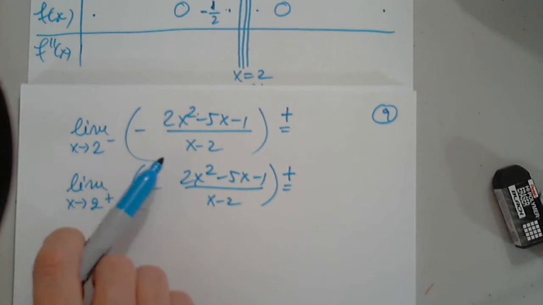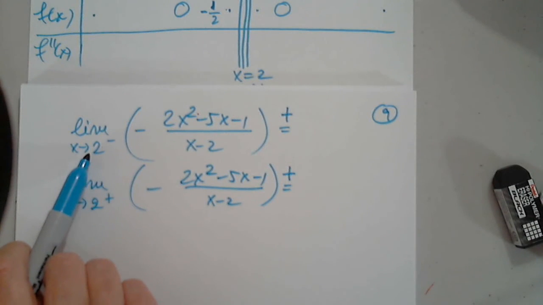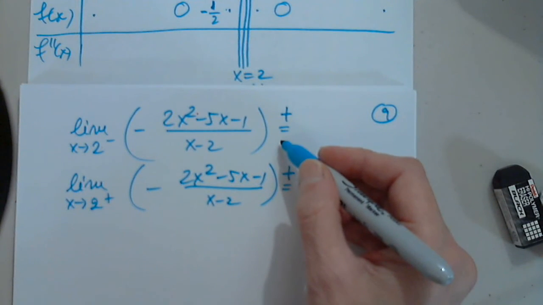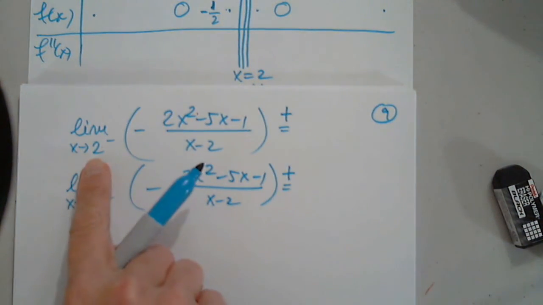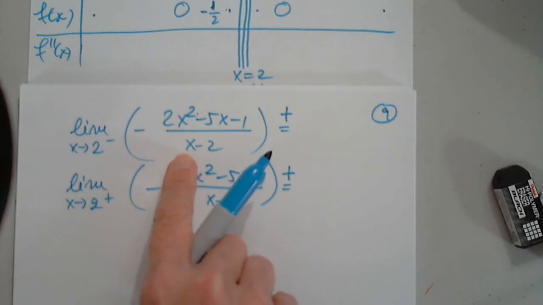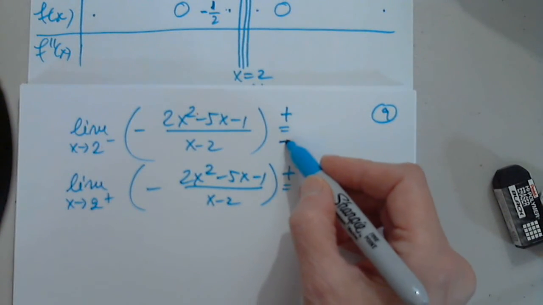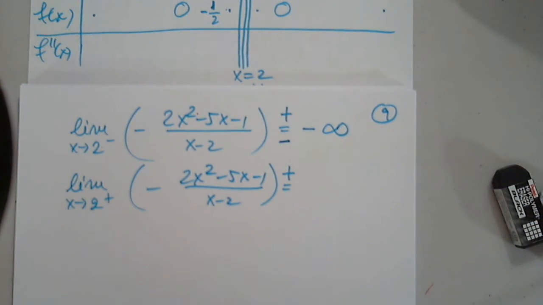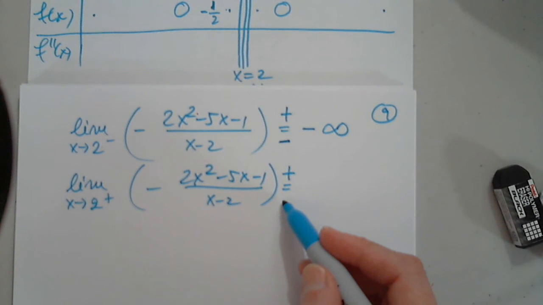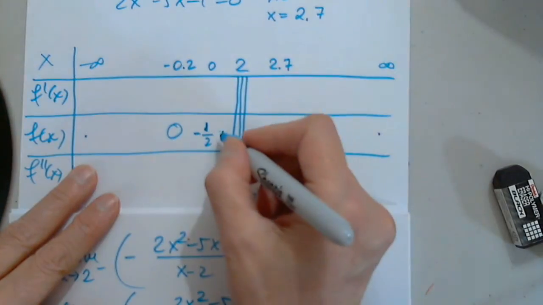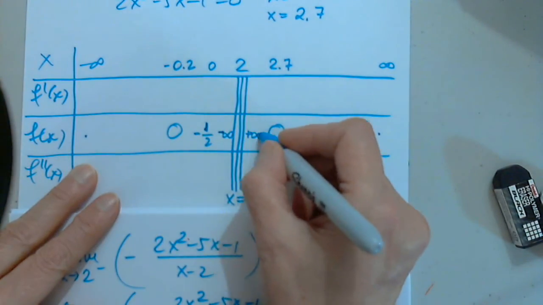Now, can anyone give us the sign of the denominator as x approaches 2 from the left? 2 from the left is 1.9. 1.9 minus 2 is negative. So this is negative infinity. What about the sign from the right of 2? Positive. Good. So this is negative infinity, and this is positive infinity.